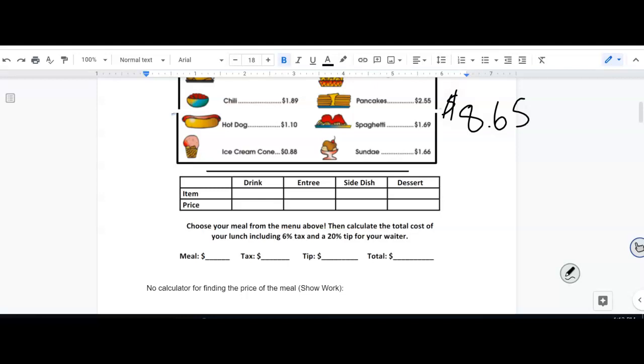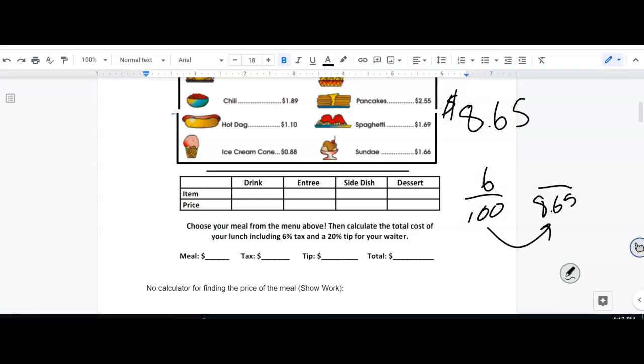If you like equivalent ratios, 6 over 100, and $8.65. Is that the part or is that the whole? Maggie, that is the whole. It's a total price. The part would be what you're paying in taxes. So if you like to do equivalent ratios, you can do it that way.